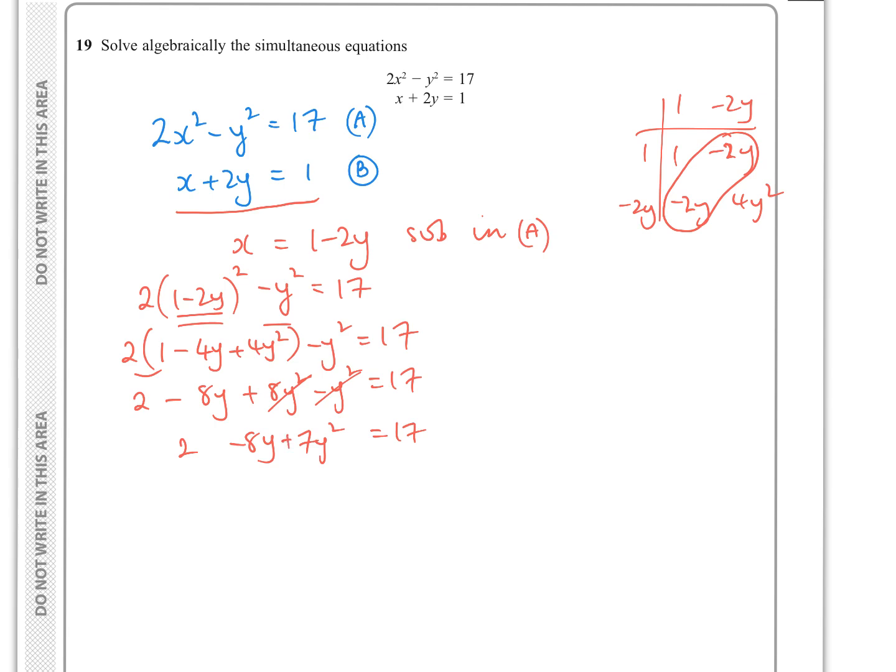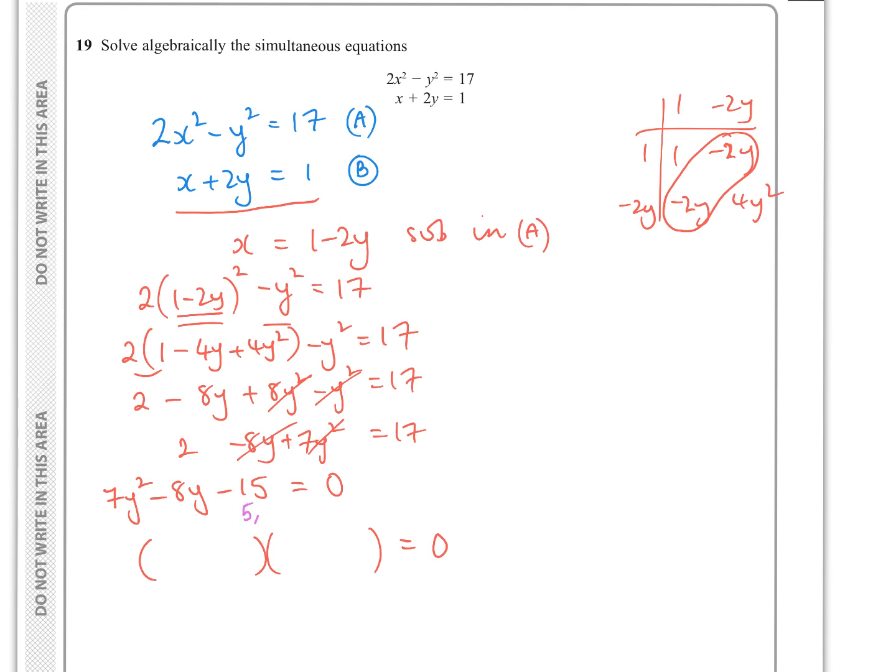What I'm going to do now is just get everything on the left-hand side. So I'm going to have 7y squared minus 8y, and then I'm going to take 17 from both sides. And that's what I'm going to be left with, 7y squared minus 8y minus 15. Then I'm going to factorise this.